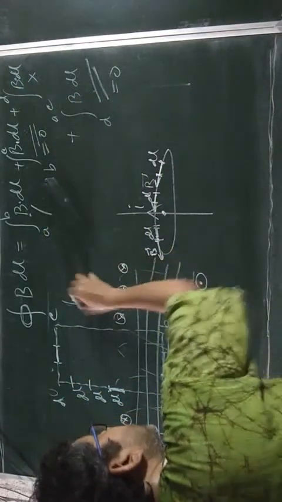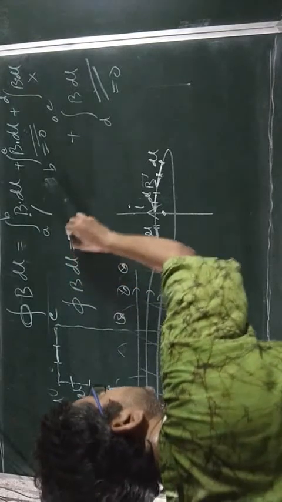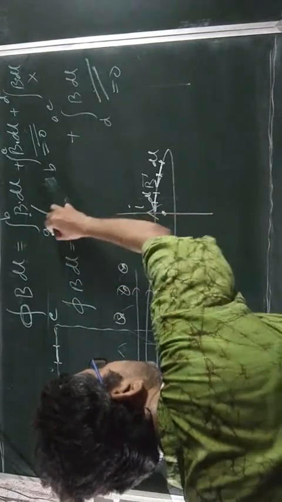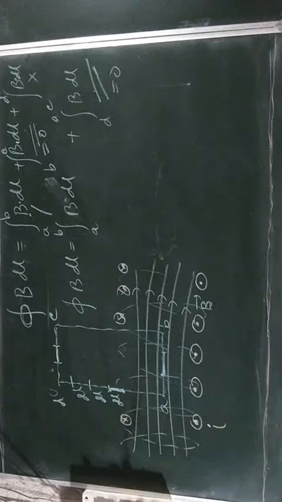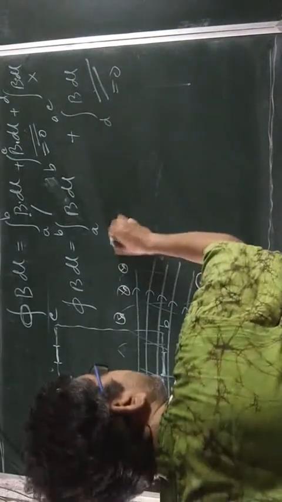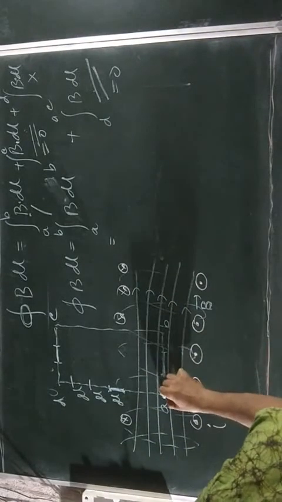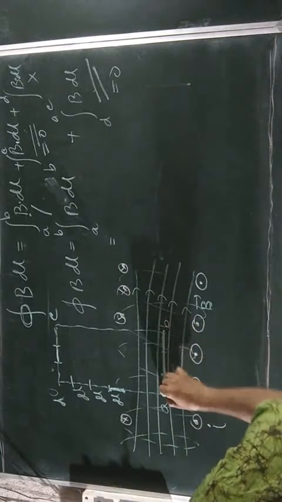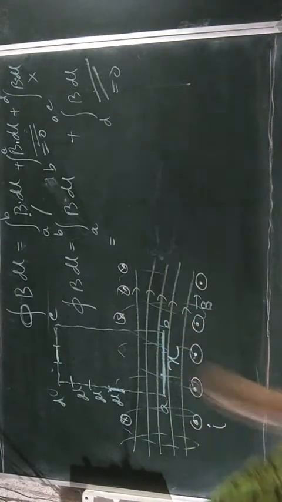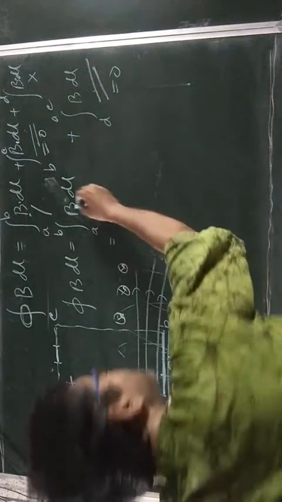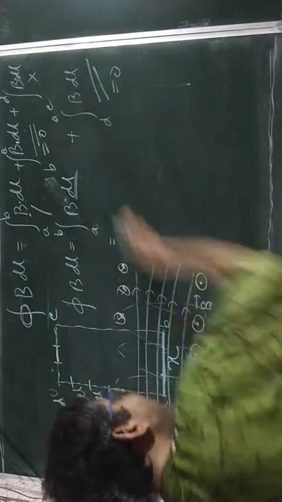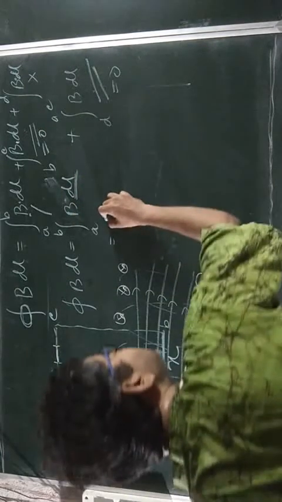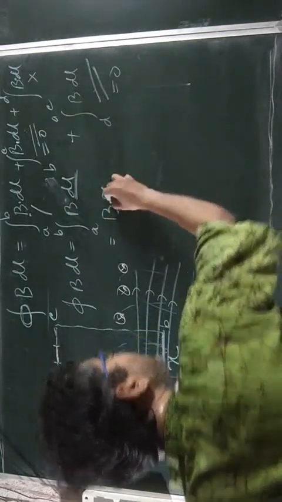So remaining is A to B, B dl. If you assume the length of this segment AB as x, then when you integrate dl, you will get the length x, that means it will be B into x.